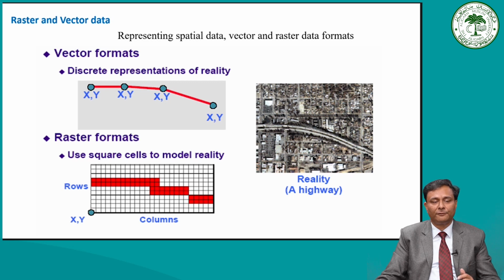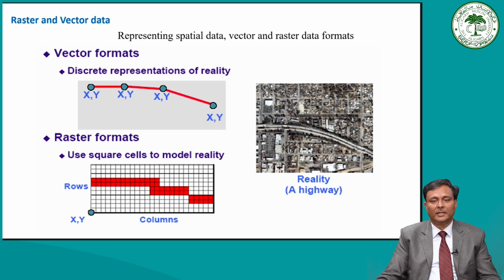On the contrary, if you see the bottom left image where the raster format is represented, the raster format is any pixelated or gridded data where each pixel is associated with a spatial geographical location. Now here you see that the ground reality is a highway, and the highway is being depicted in this raster format.